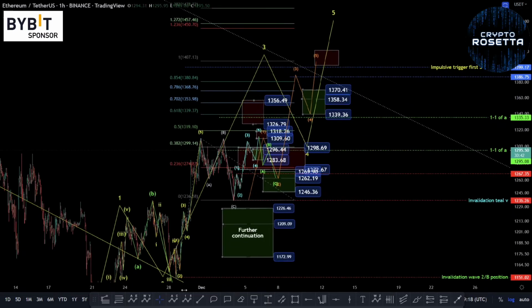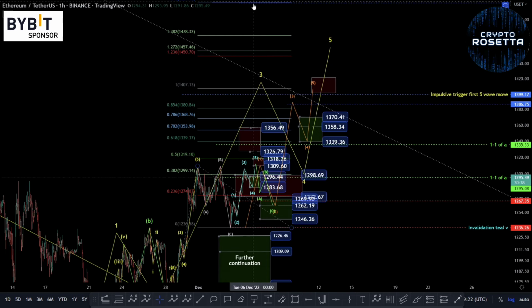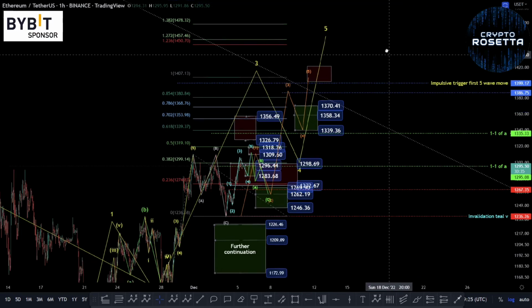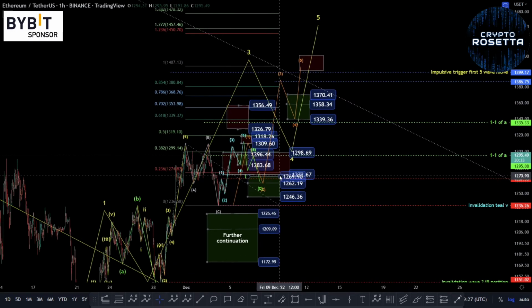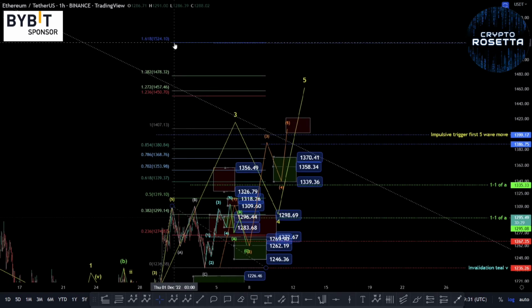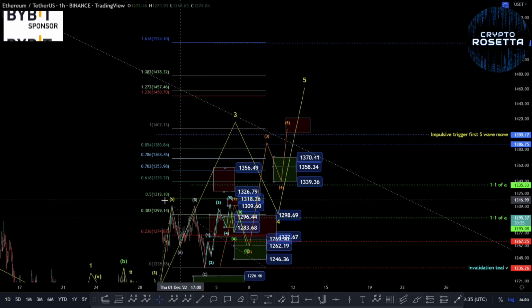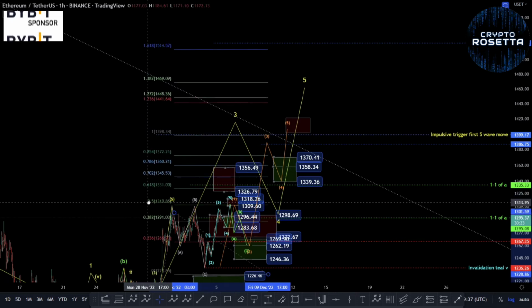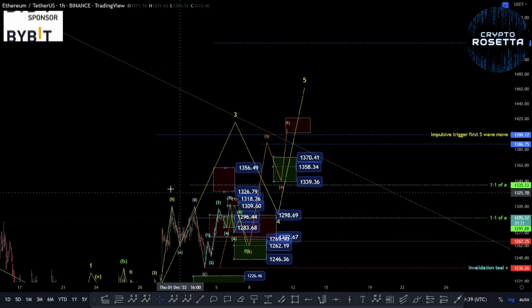So what that would mean is that either we need to retrace deeper here to bring this impulsive trigger down closer to this level, or if we carry on to develop as we are here, that we could see a much bigger move to the upside. So we just need to see. That would be the ideal impulse. So that's something we're keeping an eye on.